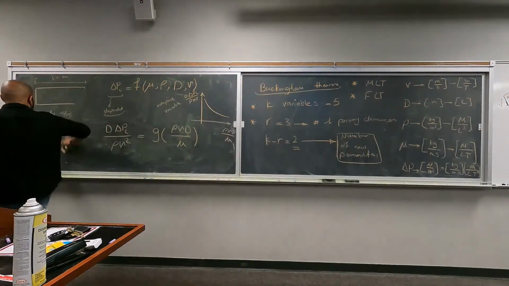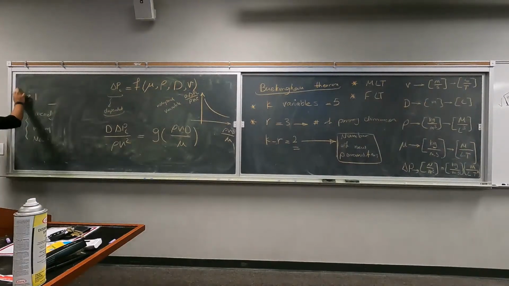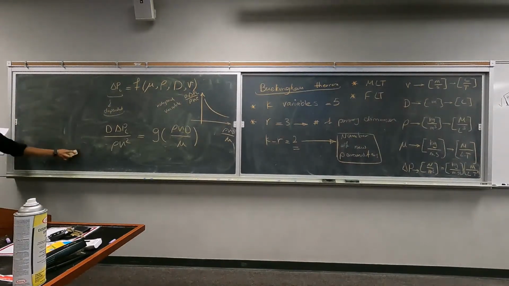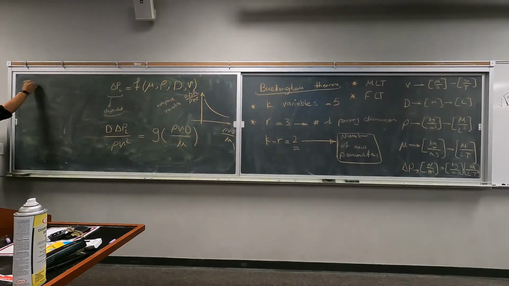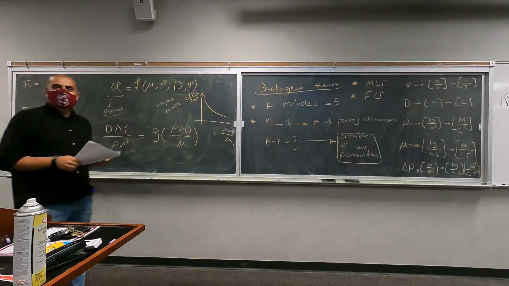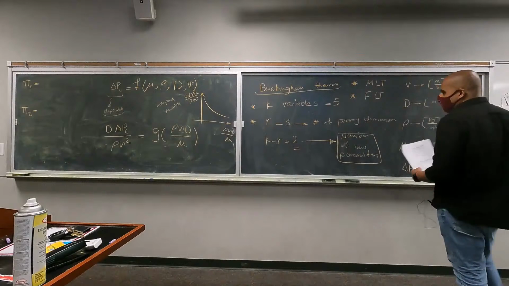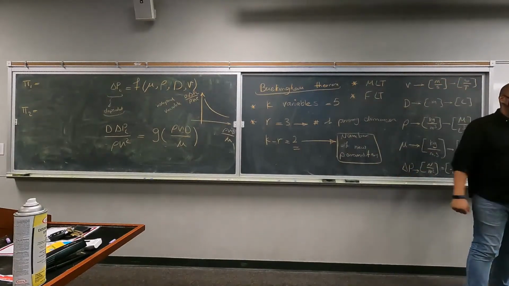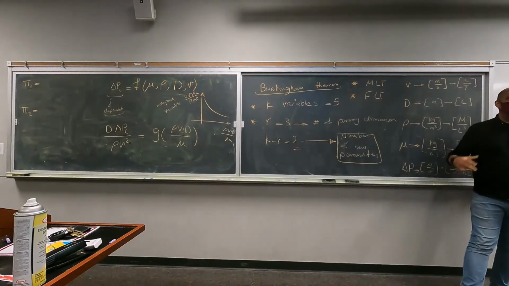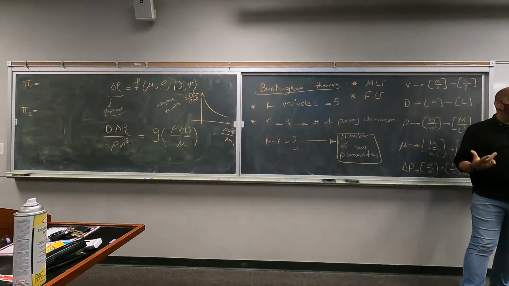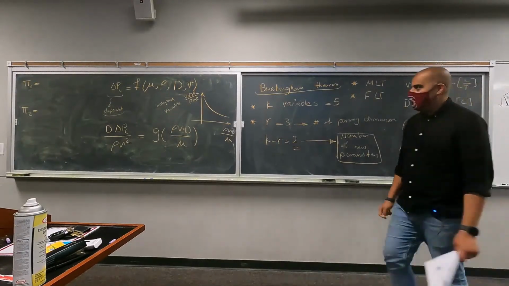These new parameters are called pi's. That's hence the name Buckingham pi. So we are looking for a pi 1 and a pi 2. We want to find these two. One thing to keep in mind, and one clue you have in finding these parameters, is that these parameters have to be dimensionless, right? So we are going to change this problem in a way that will give us dimensionless parameters, okay?